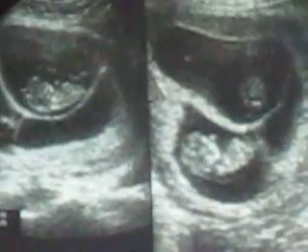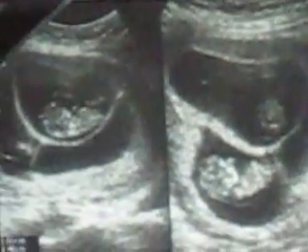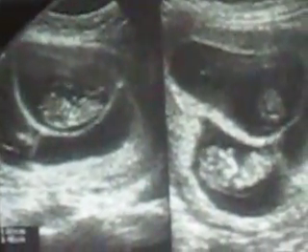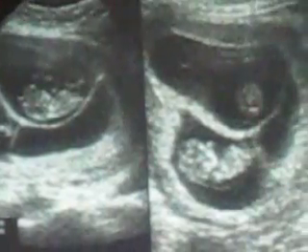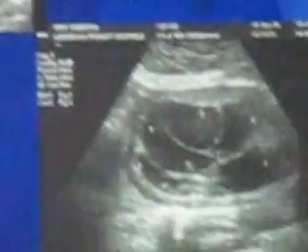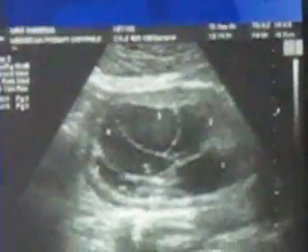Supposing I see one gestational sac at 5 weeks. I cannot say it's a singleton pregnancy because when I see it at 7 weeks, it could be a single sac with 2 fetuses inside, monochorionic diamniotic or monoamniotic pregnancy. So, calling or declaring a multiple gestation before 10 weeks, you have to be extremely cautious.